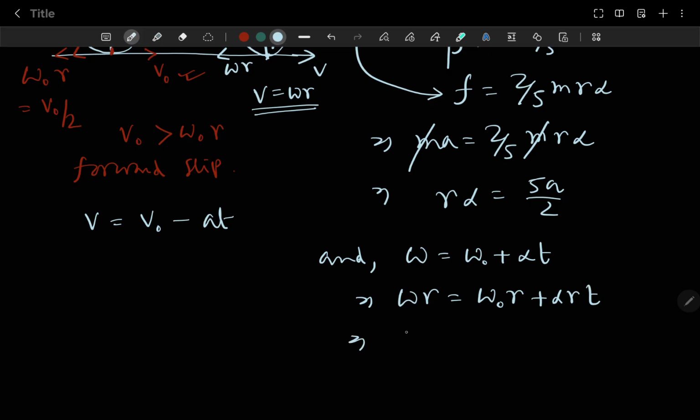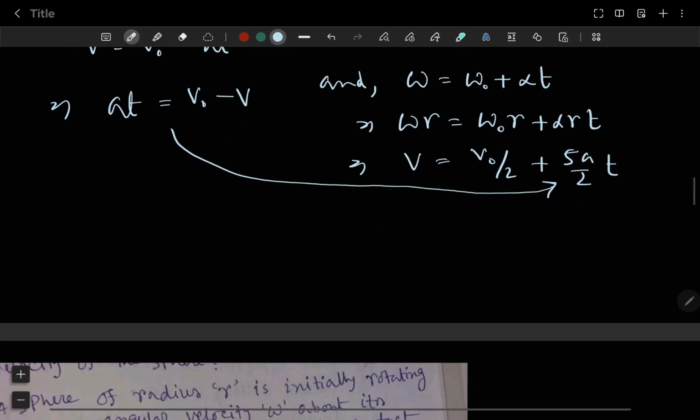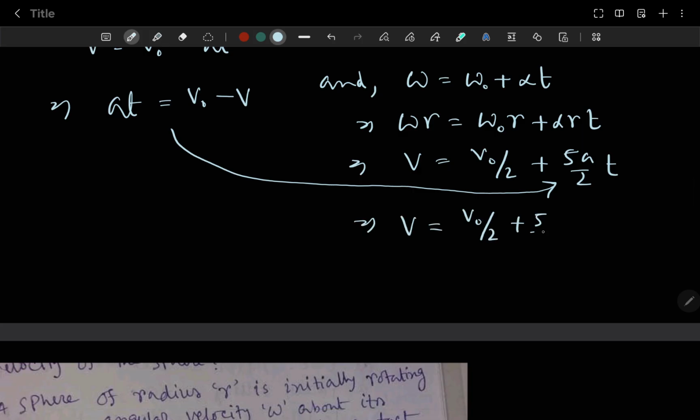So omega r equals v, omega 0 r equals v0 by 2, plus alpha r means 5a by 2 into t. Now from here at is v0 minus v. Now put this value here. Okay, so we will get v equals v0 by 2 plus 5 by 2 times (v0 minus v).